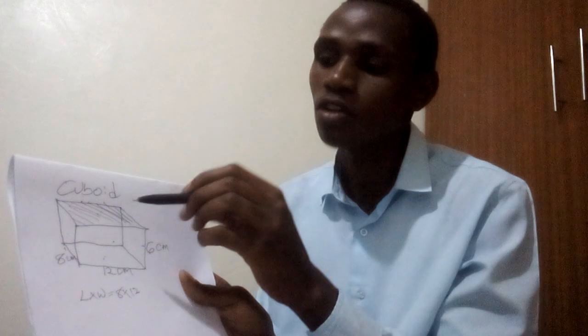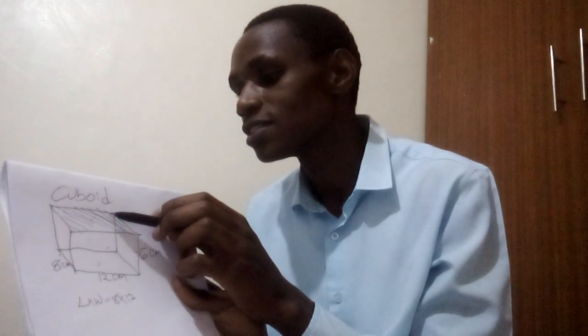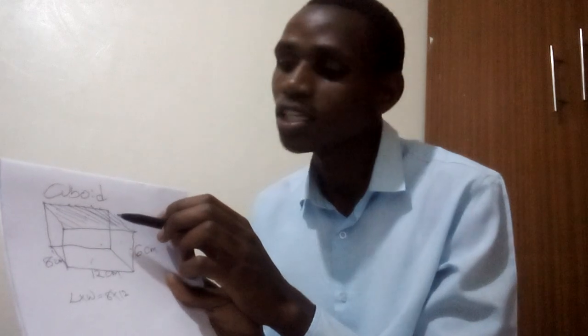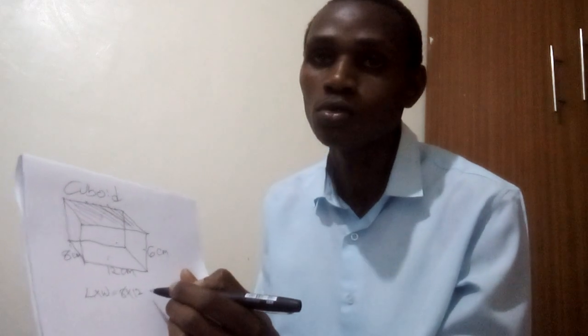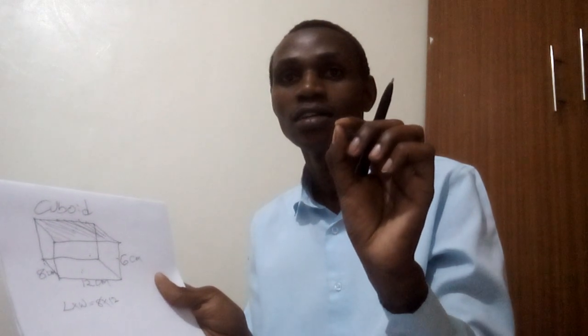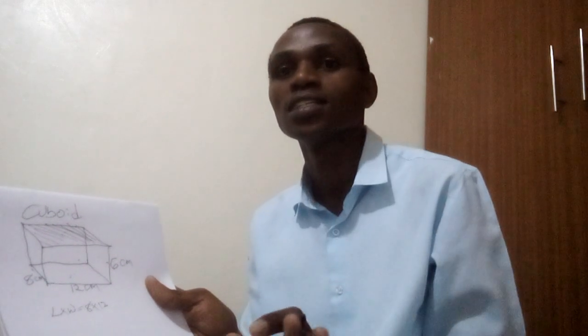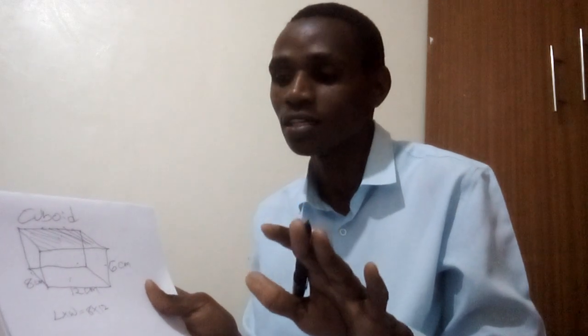And because it's open at the top, the cuboid is open at the top, we shall not multiply this by 2, but it shall remain only the base area we are calculating.